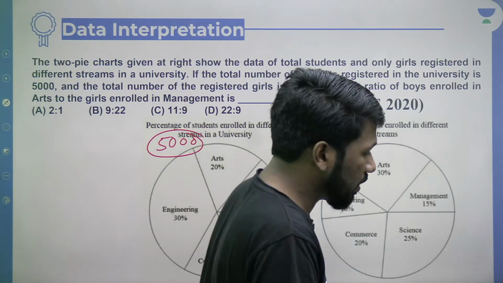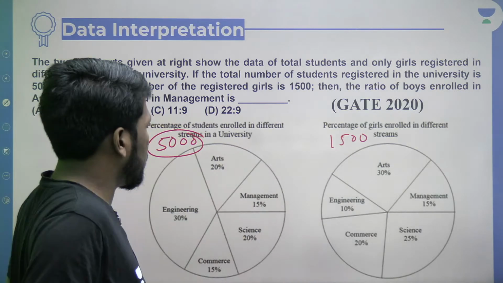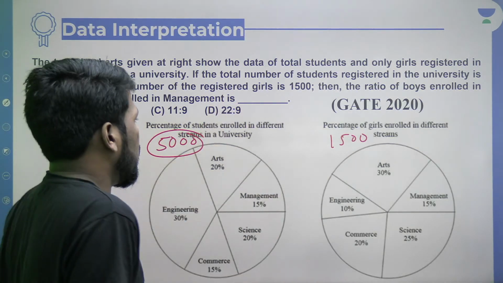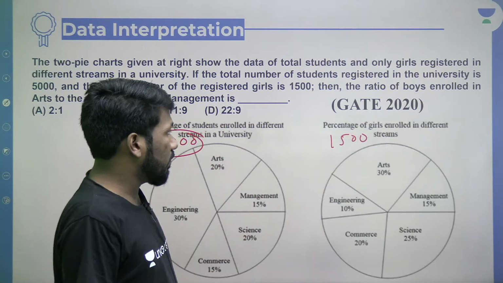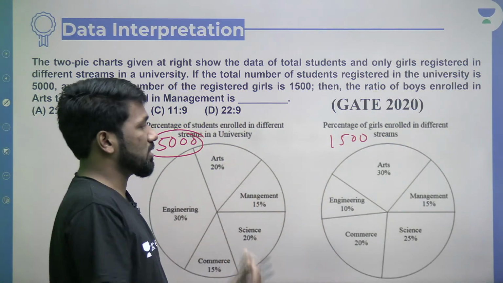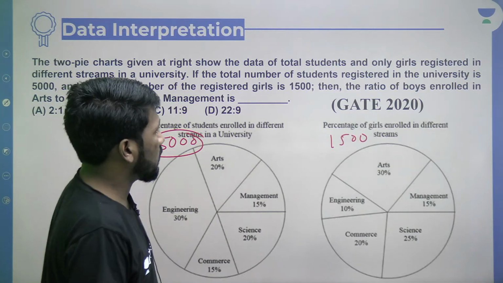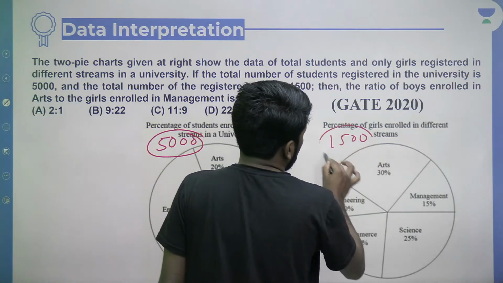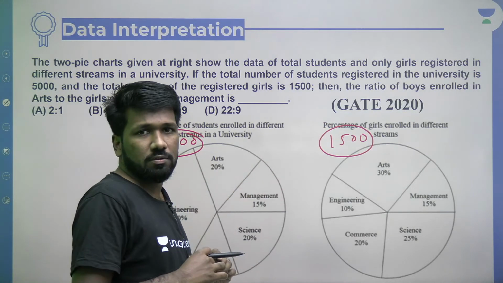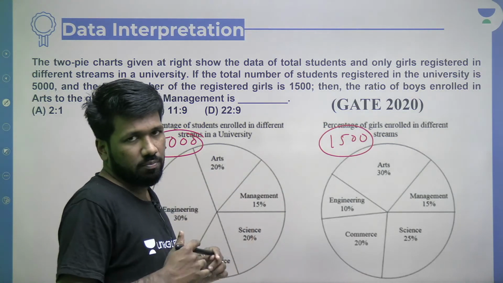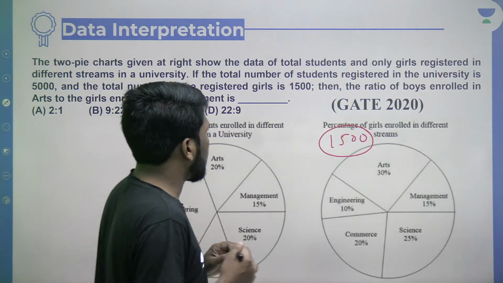That is a sad thing, but we can just assume boys and girls are the only 2 genders present in this university, and with that only we can get the answer here. So girls in total is 1,500. So total boys will be 5,000 minus 1,500, 3,500 boys. Okay, before that what you need?